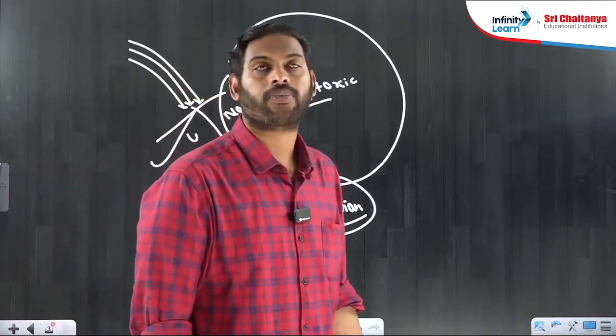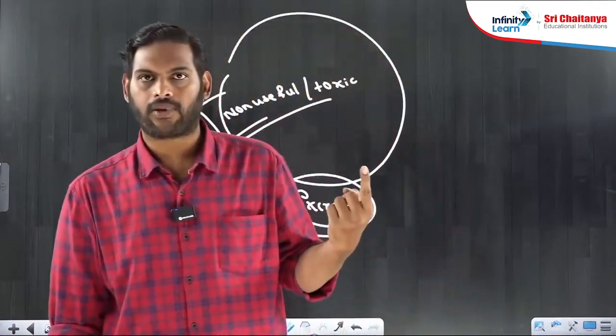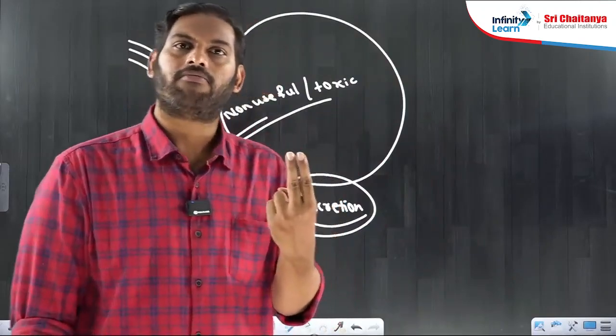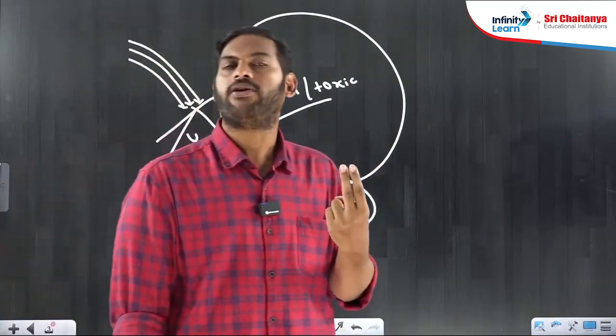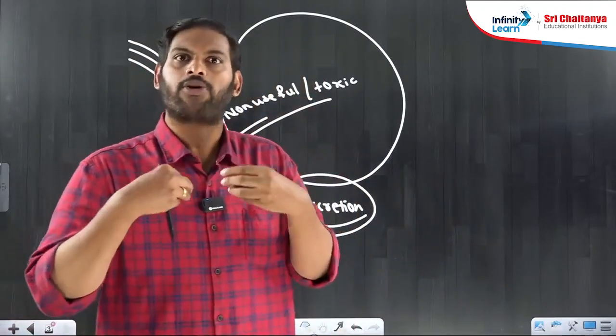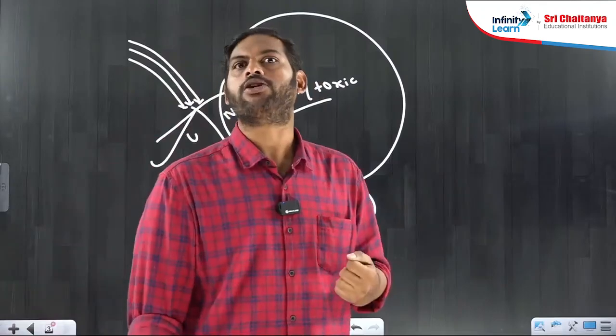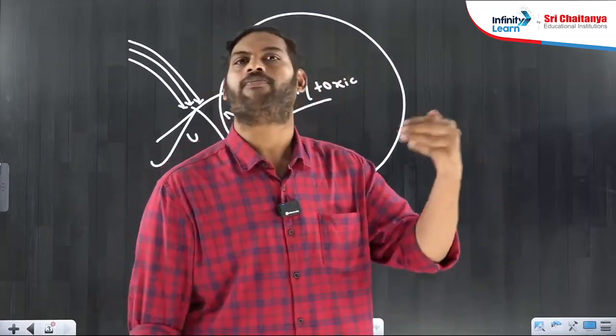Guys, remember, urea must be excreted. Uric acid must be excreted. Ammonia definitely should be removed from your body. Sodium ions, keep some, excrete some. Potassium ions, keep some, excrete some. Chloride ions, keep some, excrete some.